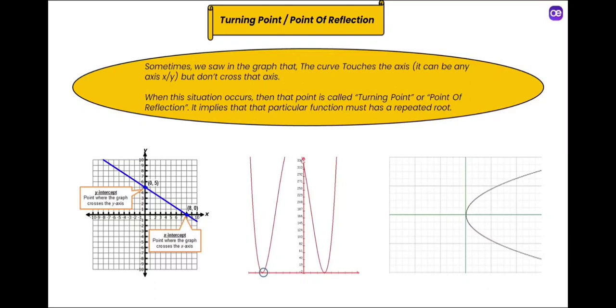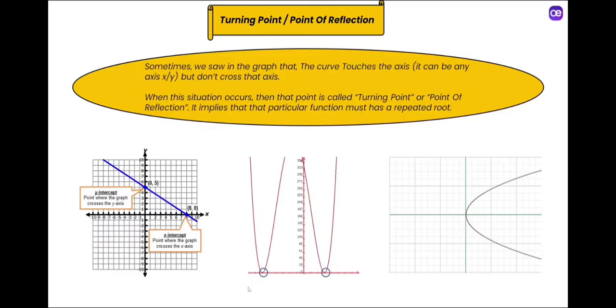And secondly, look at this point, it crosses the y-axis as well and goes down, and at this point again the graph touches the x-axis but does not cross it, and again reflects and goes up.